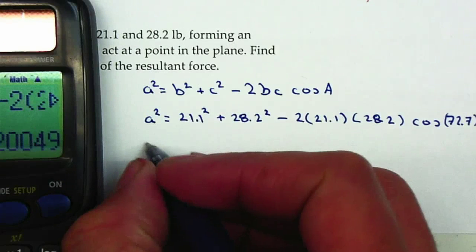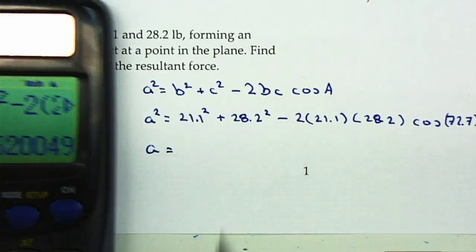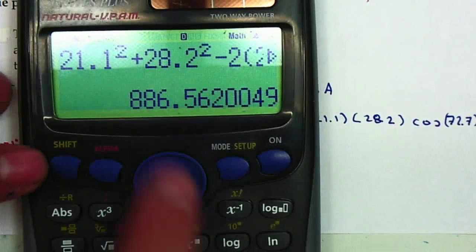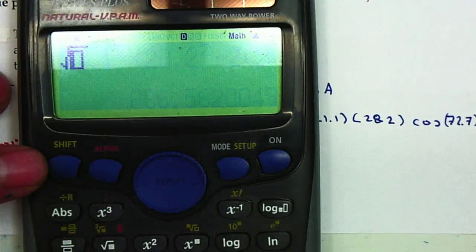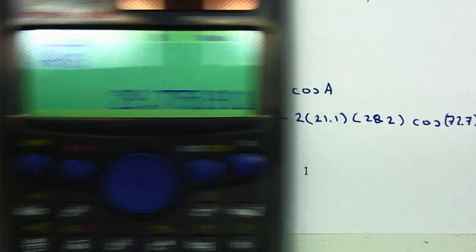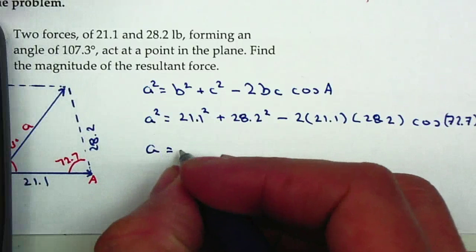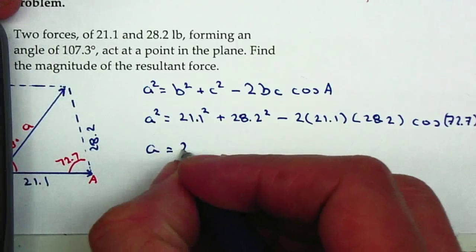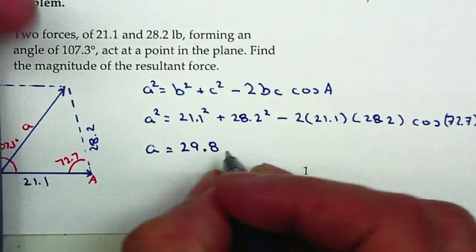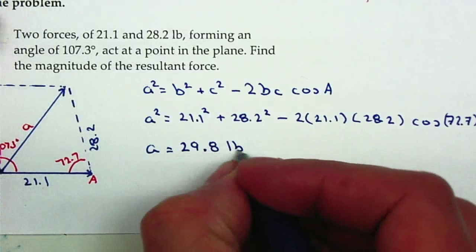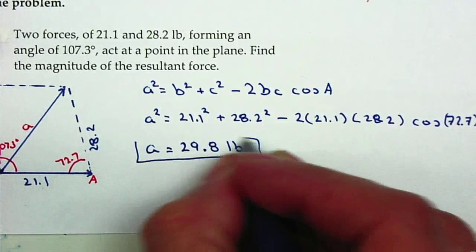Therefore, A squared is equal to this. I need to find A, so I'm going to take the square root of my answer. You want to leave it there, take the square root of your answer, so you get a more exact answer. So that gives me 29.8 pounds. That will be the magnitude of your resultant.